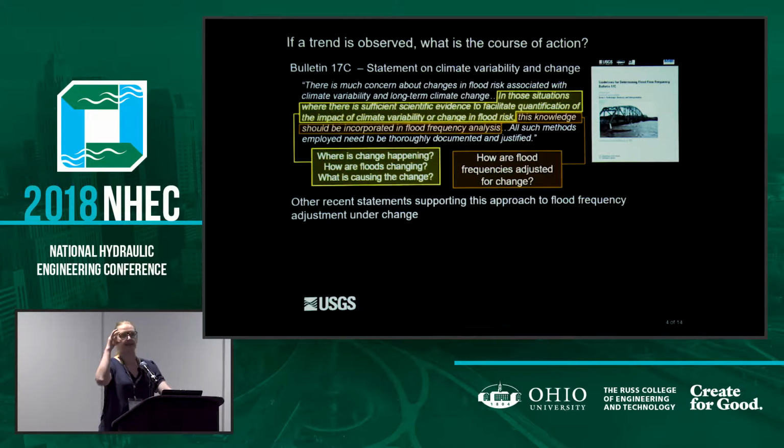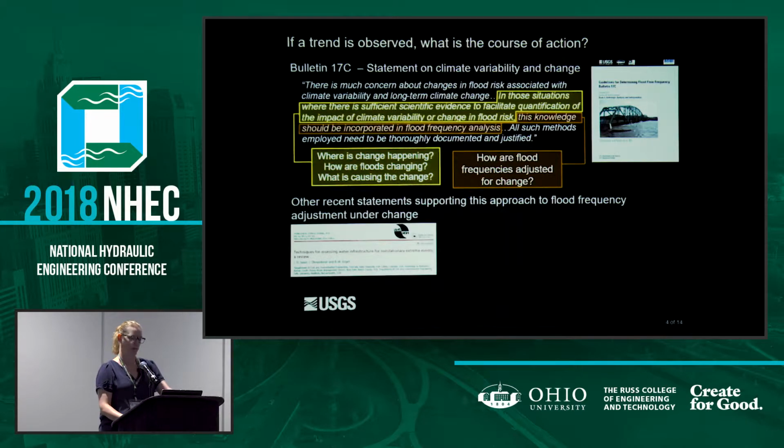And there are other recent statements now in the literature. There's been a growing literature that is supporting this type of approach, and I'll just put up 3 different papers. There's a recent review paper by some of the names you might recognize here, Pepe Salas, Obey, and Rich Vogel from Tufts University.